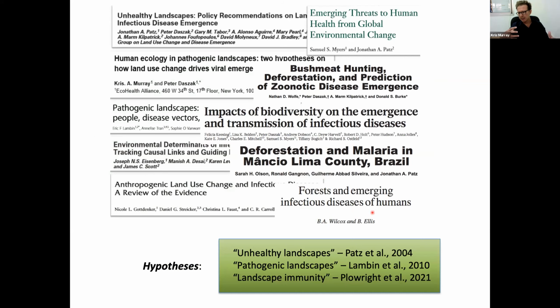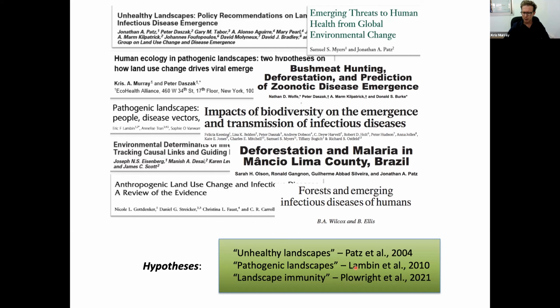So these examples are being collated in a number of different ways, but one of the ways is in a fairly narrative way, I would say. There's not a huge amount of quantitative work on this overall picture of the number of diseases associated with land use change, but the hypothesis has emerged that where we go and interrupt landscapes, where we have impacts in landscapes, in some cases that can catalyze the emergence of a new disease or the increase of existing diseases.